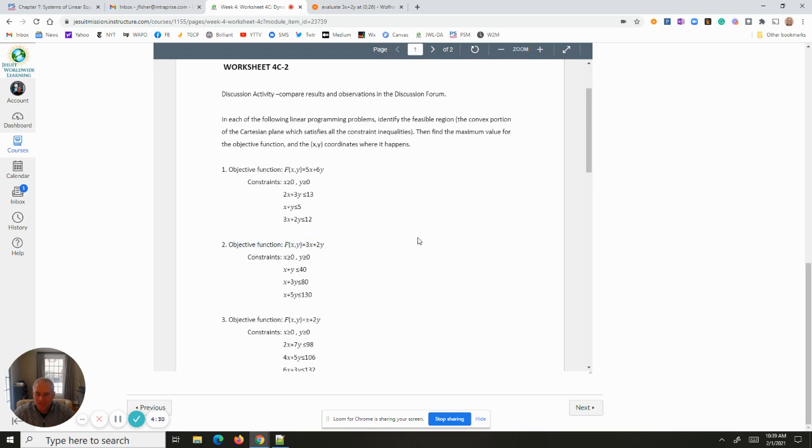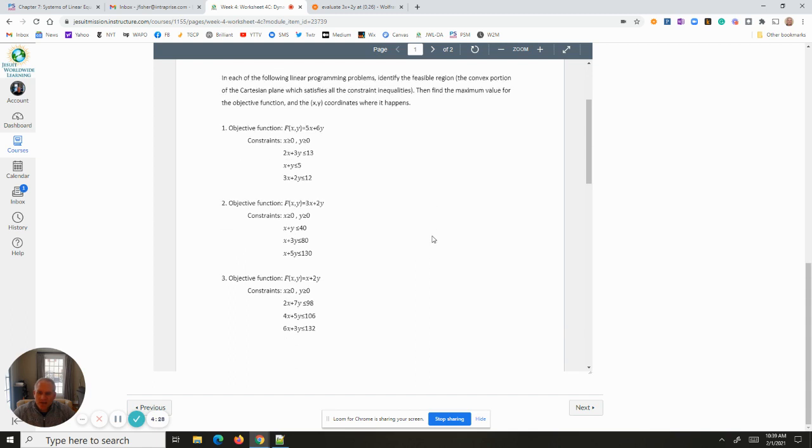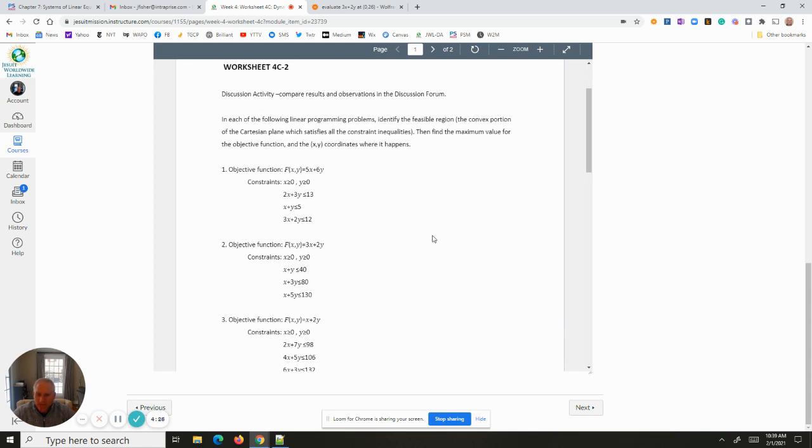and then some constraints. This is a topic known as linear programming, and I don't want to get overly confused with it, but what it's doing is finding a solution to a system of linear inequalities. And that's why it's presented in this chapter. But what it really represents is an optimization problem.